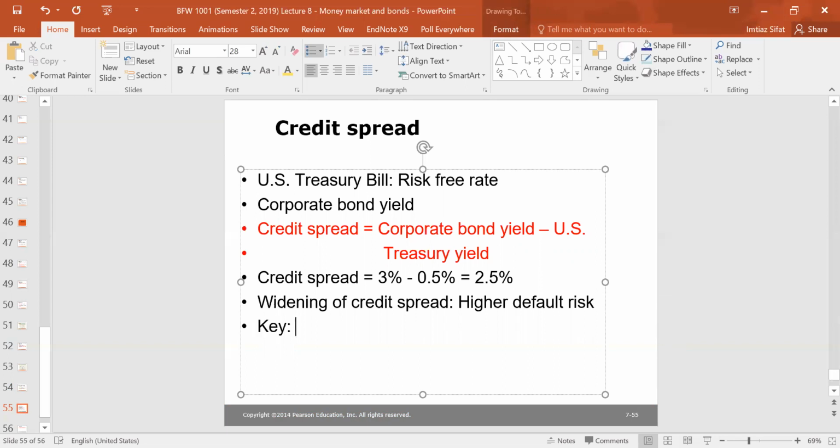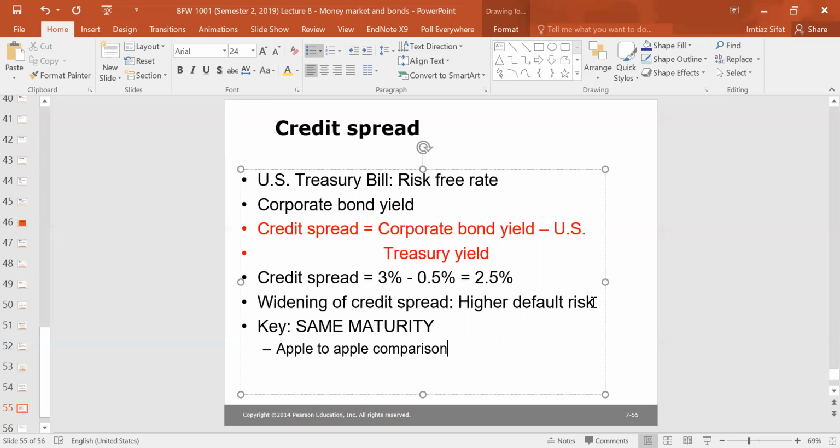So to make this concept simpler, let us assume that Boeing Corporation just issued a corporate bond with a 5% coupon. It is a premium bond, and the current yield to maturity of this bond is 3%. So this bond's maturity is 5 years. So to facilitate comparison of apples to apples, let's take a look at the Treasury yield for the same maturity, 5 years.